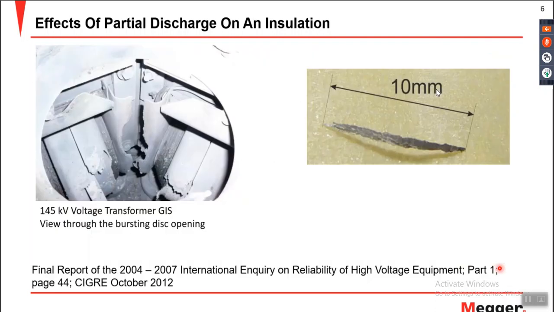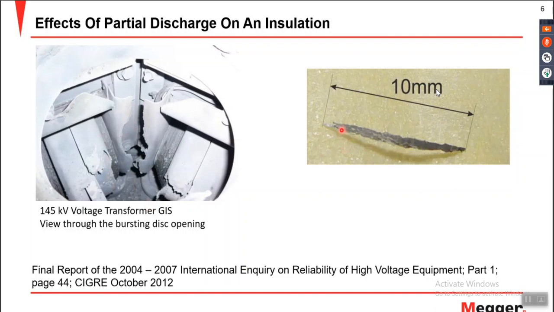So, when it comes to the GIS, this is one of the examples taken from the Cigre publications, where they have given a photograph of a 145 kV GIS voltage transformer bursting disk. You can see how dangerous and how damaging flashovers, or a PD, can be in the GIS.